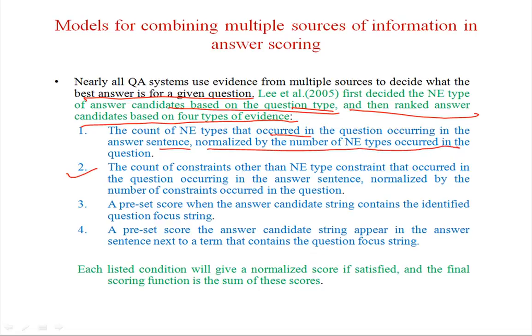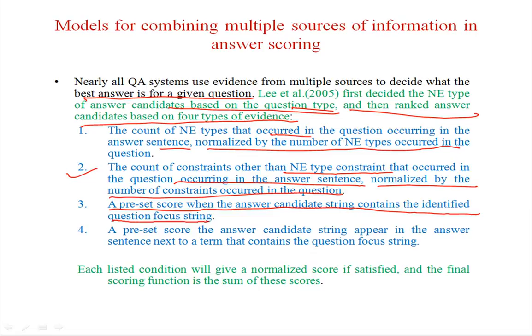Second, the count of constants other than named entity type constants that occurred in the question occurring in the answer sentence, normalized by the number of constants occurring in the question. Third, a preset score when the answer candidate string contains the identified question focus string.